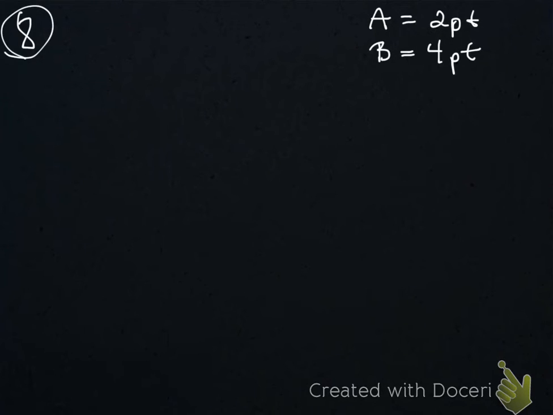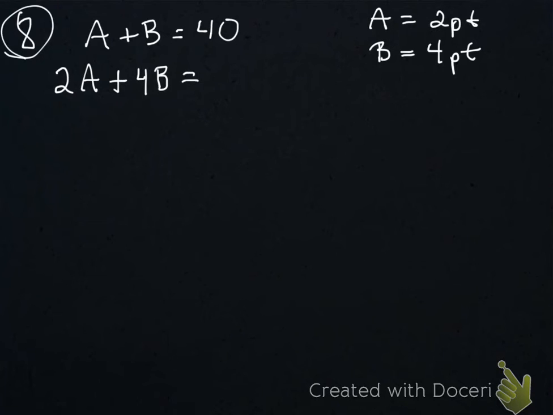I have 40 questions total. So A plus B is going to equal 40. Now let's add our points in. 2 points for every A question and 4 points for every B question is going to get me a total of 100 points.